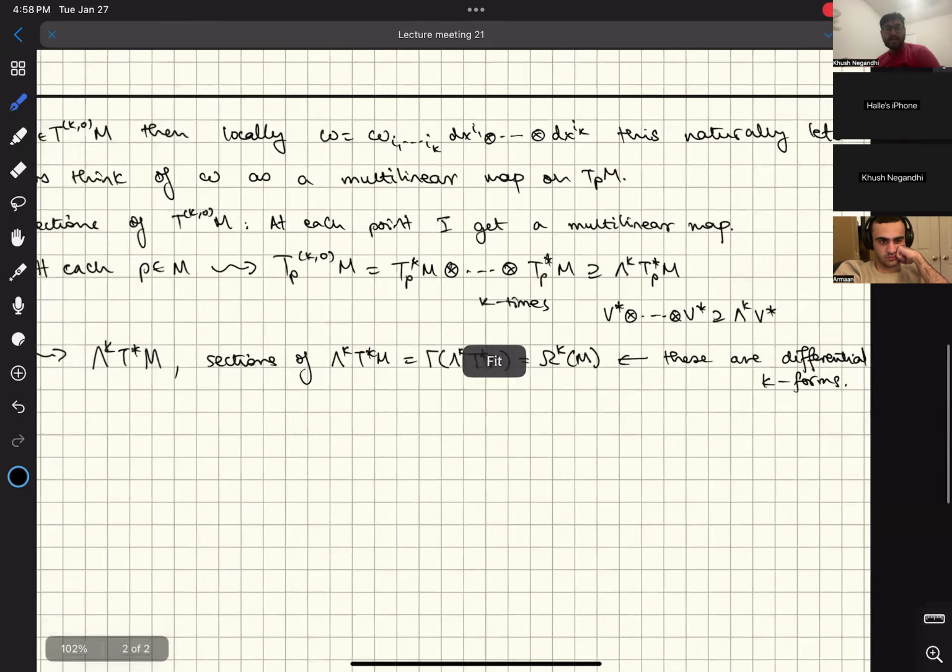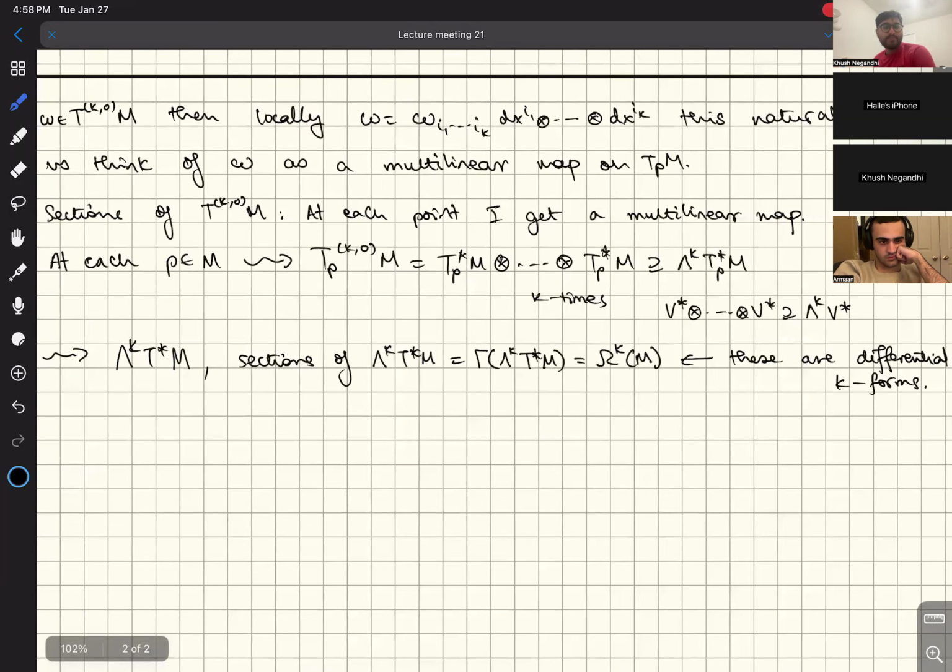Now you might ask me, Kush, what is a differential k-form? Technically, I've told you what a differential k-form is, but to get a better understanding of them, you need to know at least what they look like. As physicists, we don't really care about the mathematically theoretical aspects of things.